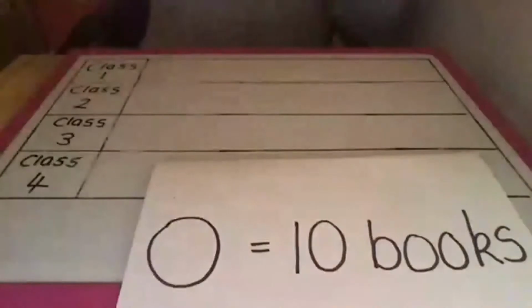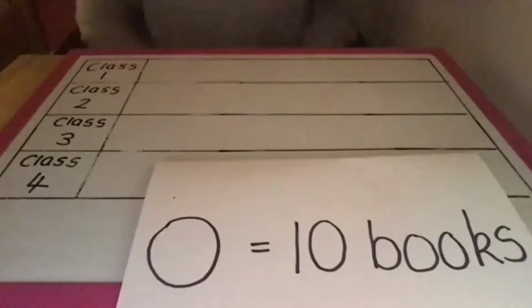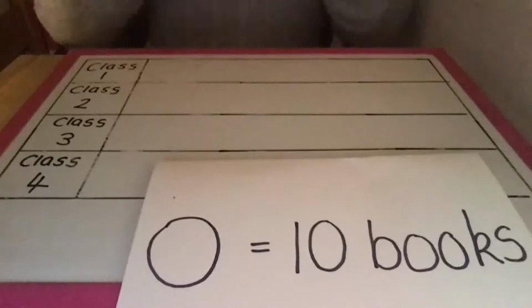They read 20 books. Now, is 20 in our 10 times table? Well, let's count up together in steps of 10 till we get to 20. 10, 20. Yes, it is in our 10 times table because we have counted up in tens and we have reached 20.